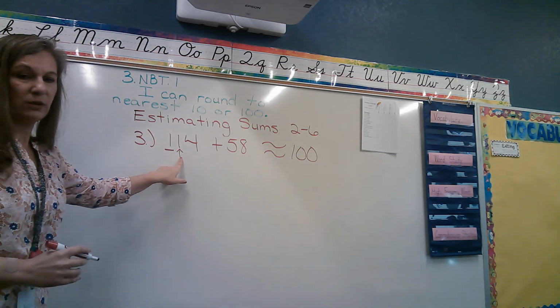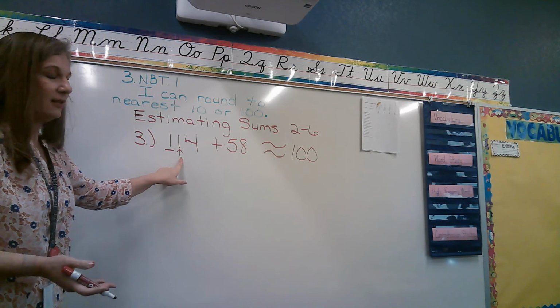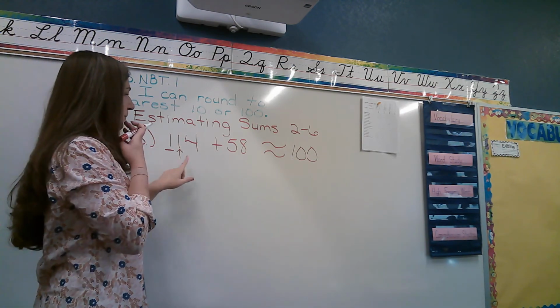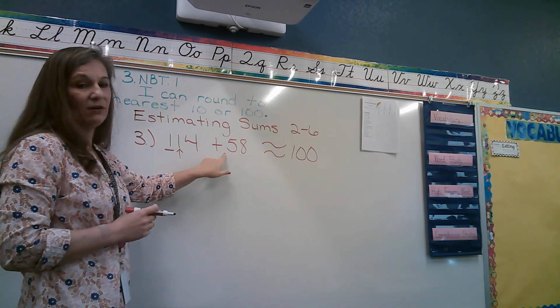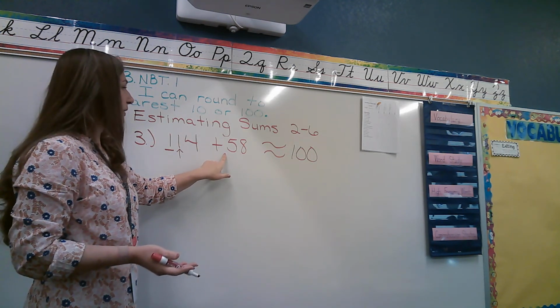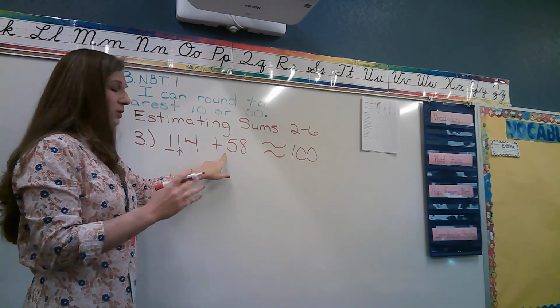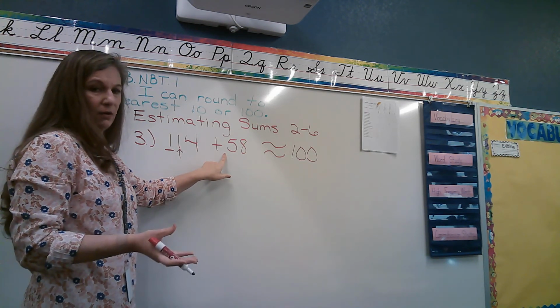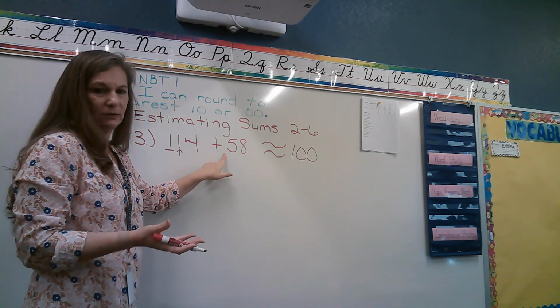If our tens place was past the 50, then that would tell us we would round up. Now, 58 doesn't have a 100s place, so that tells us that we would either round to 0 or 100. Well, how can we round to 0?